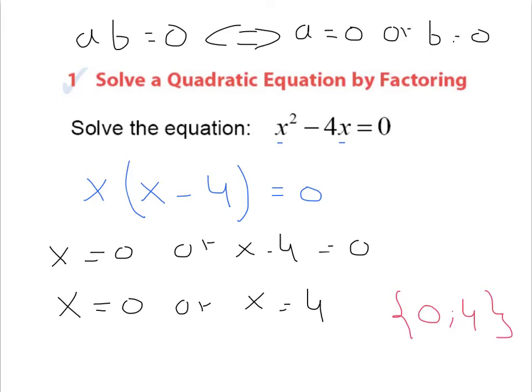Let's try to use completing the square by using the same example here, right? We're going to use the same example, which is x squared minus 4x equals 0. Now in this case we're going to solve this equation by completing the square instead of factoring.